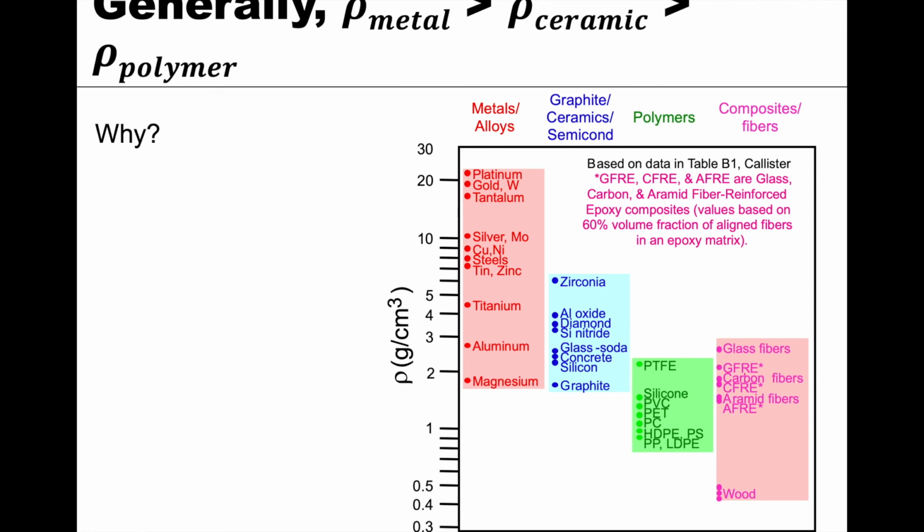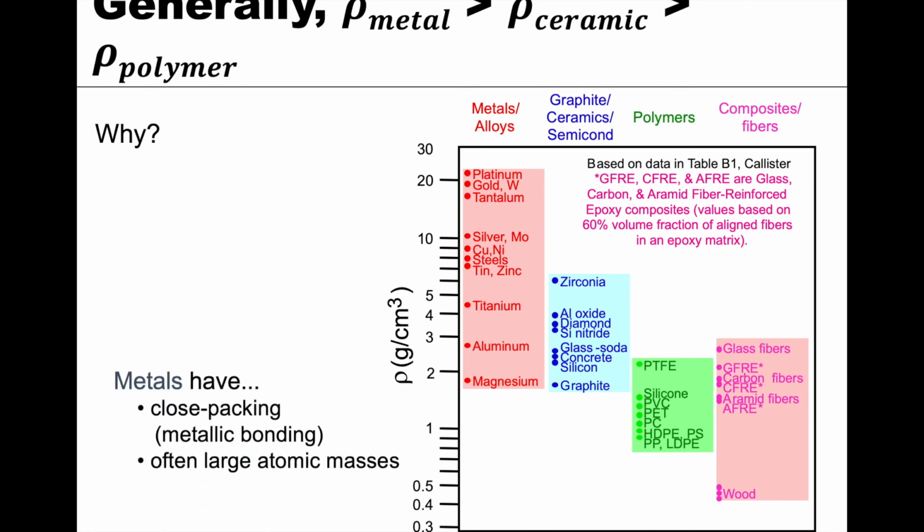So if you remember that, you can see that some of them are less dense than water and some of them are slightly higher density than water. Also, I put composites up here. Since composites are mixtures of polymers and ceramics or metals, those tend to be around polymers, but also can be quite a bit lower, such as natural composites like wood.